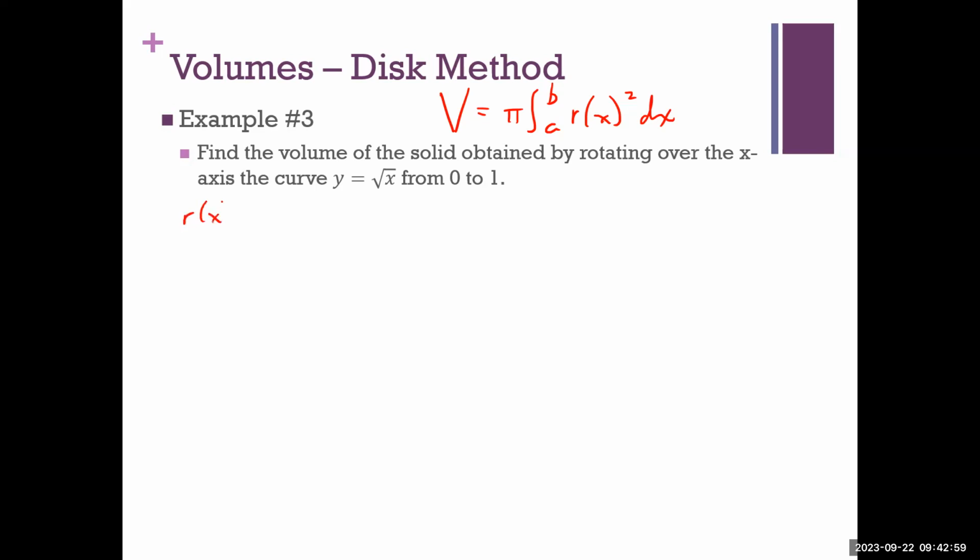Well, R of x would be root x. And then a would be 0 and b would be 1. So you're saying that R of x is equal to the function I told you, right? Do we agree with that? For all the cases we've looked at so far, that'll be identical. I don't want to say it always will be, but for now we can say that.